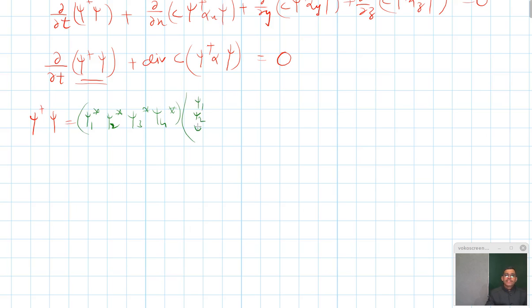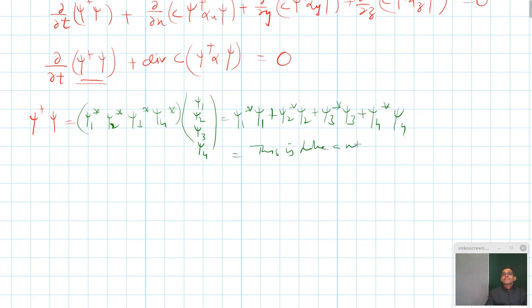So it is psi 1, psi 2, psi 3, psi 4, and if I simplify it, then it can be written as psi 1 star psi 1 plus psi 2 star psi 2 plus psi 3 star psi 3 plus psi 4 star psi 4. Now it's a number. This is a plain number, and it's always definite positive, which we have to keep in mind.